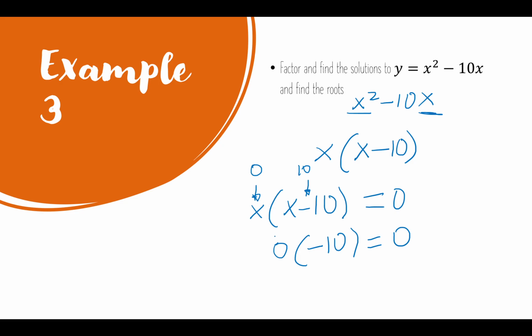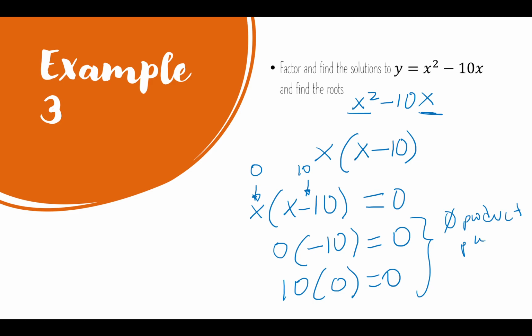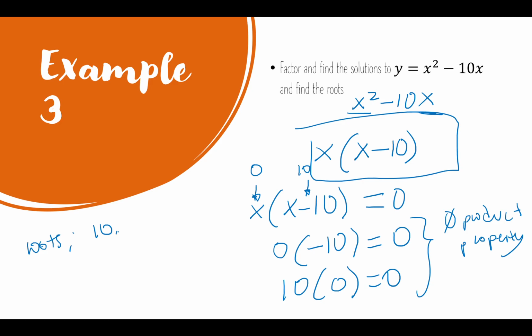And when x is 10, we will get 10 times 0, which is 0. We can find this using the zero product property. So from here, we know that this is the factored form of this equation, and the roots are 10 and 0.